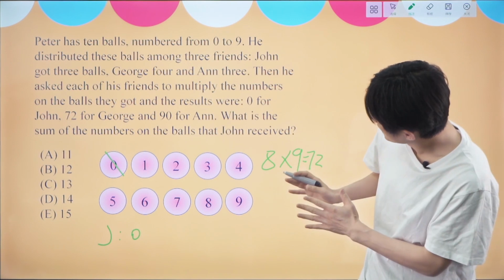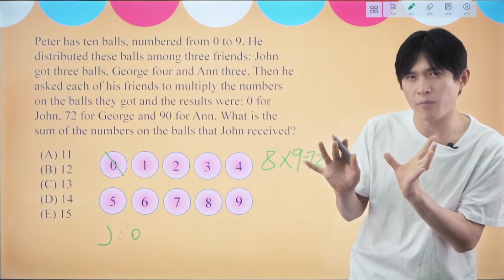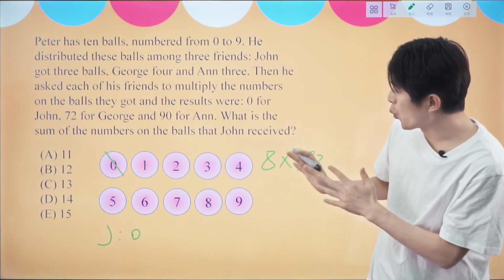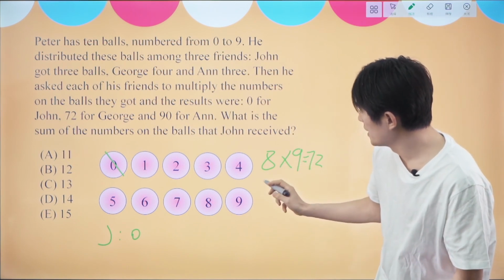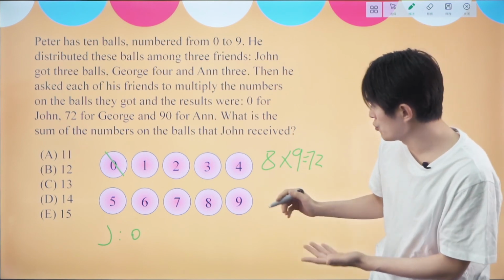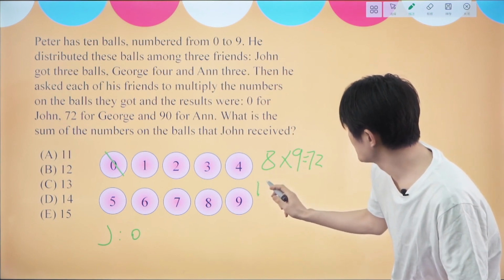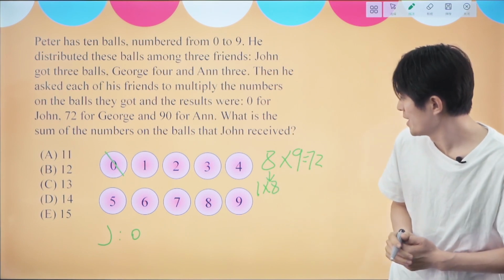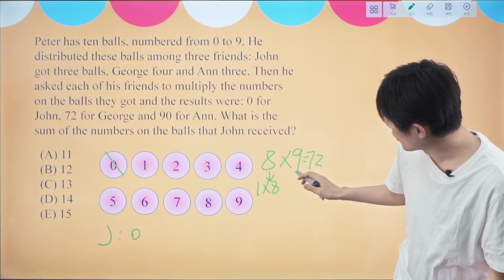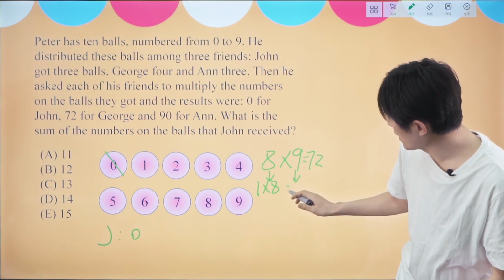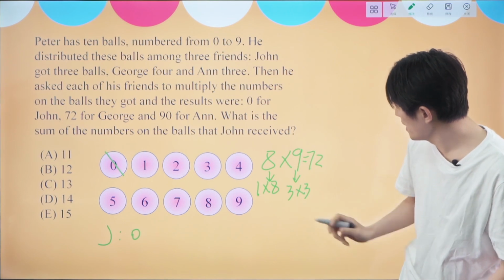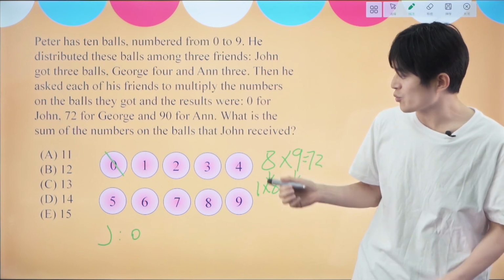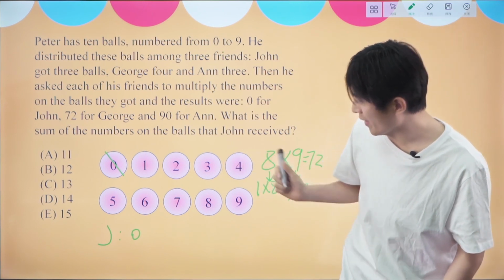So 2 numbers, when you multiply them, you get 8. What are the 2 numbers? 1 times 8 is 8. And then we have 3 times 3 is 9, which is not right because we only have one 3.